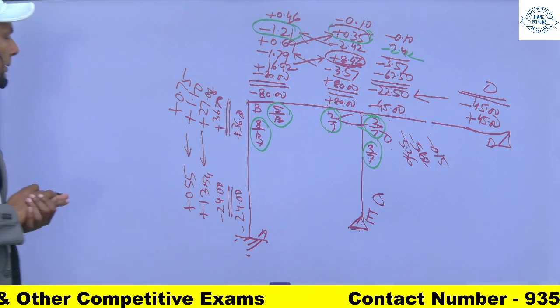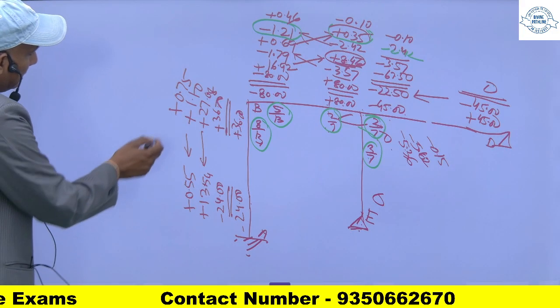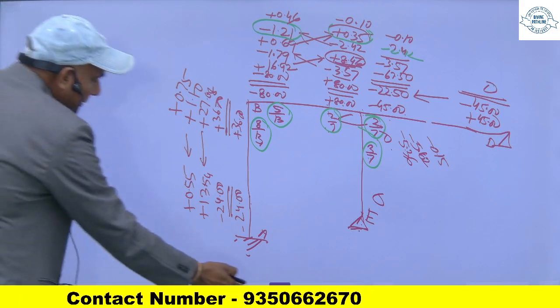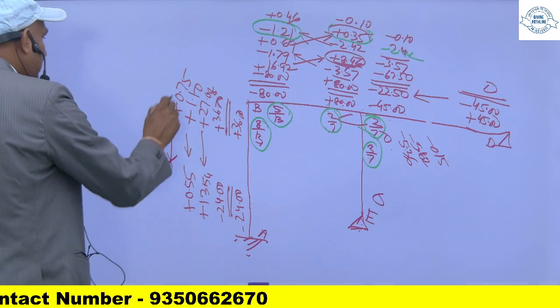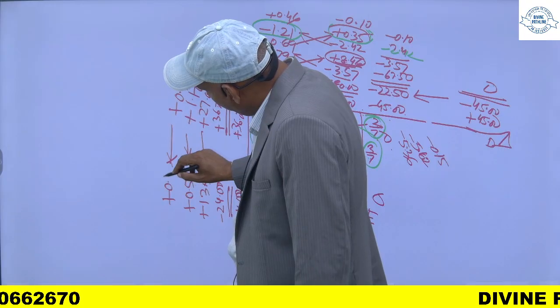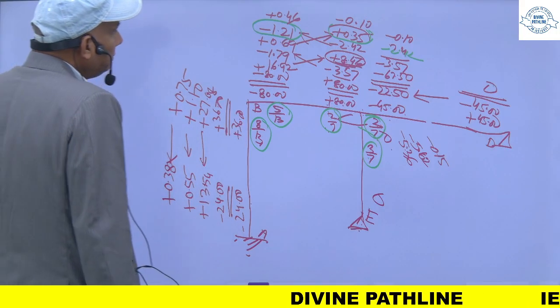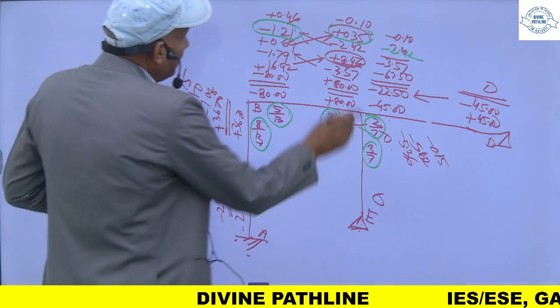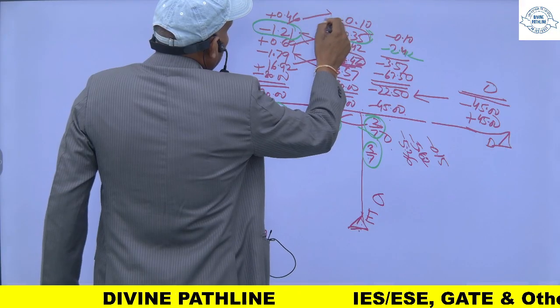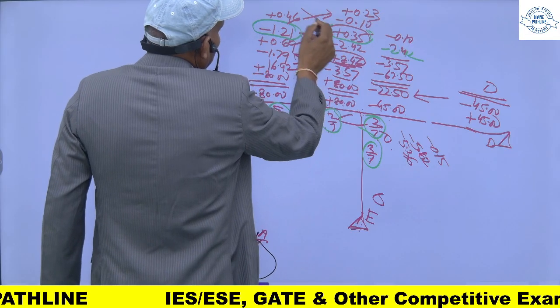And half of this will come here again. So this will be plus 0.38 approximately, and half of this will come here, and half of this will come here.